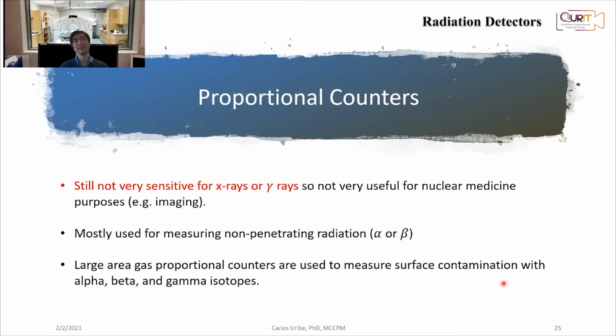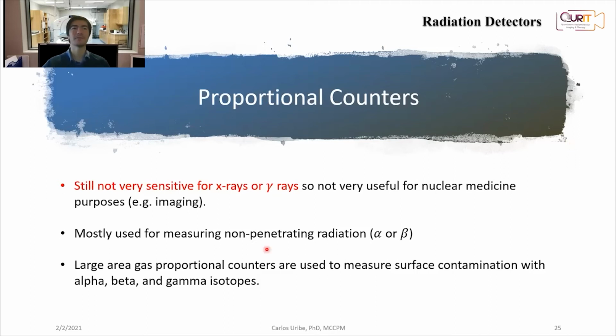They are still, however, not very sensitive for X-rays or gamma rays. So again, they're not very useful for nuclear medicine, besides probably radiation protection in the clinical environment. They're mostly used to measure non-penetrating radiation, such as alphas or betas. We haven't fully talked about these, we're going to get to it later, but alpha particles and beta particles can be easily stopped with a very thin piece of paper, for example.